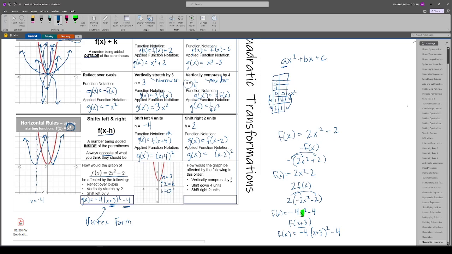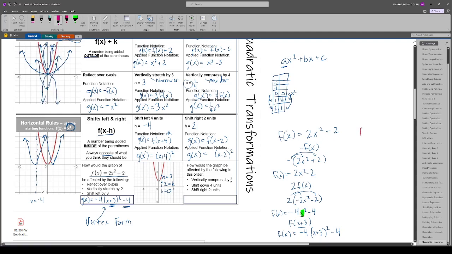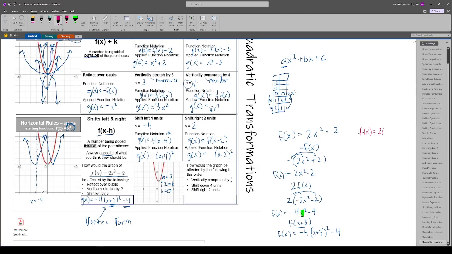I'll do that over here to the right. I'm going to get a different color just to differentiate problems. So we can write the original f of x is equal to a times, then we look at our h value, so we don't have any, so it's x minus 0 squared, and then plus k, which is 2.